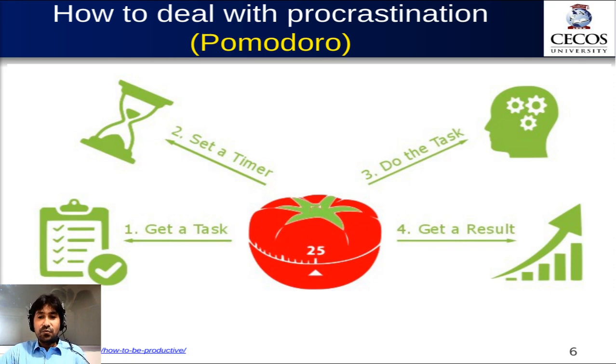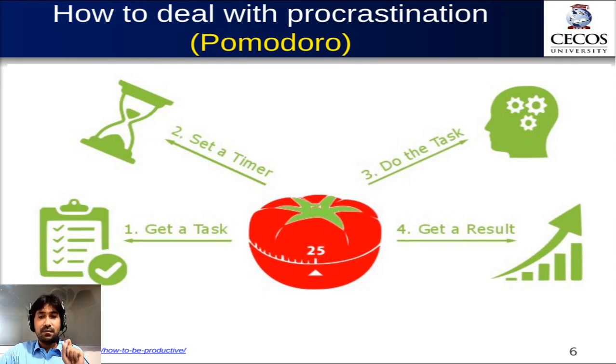All you need to do is to set the timer to 25 minutes. 25 minutes is not necessary. You can make it 15 minutes or 20 minutes at the beginning, and then you can take it to 1 hour, for example, 60 minutes. However, during this time, for example 25 minutes, you have to turn off all the interruptions.